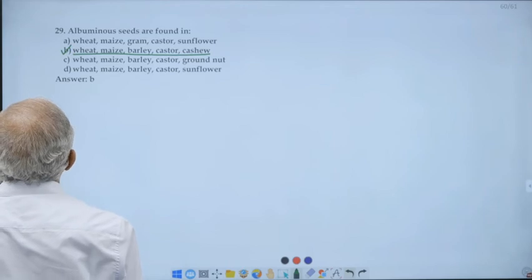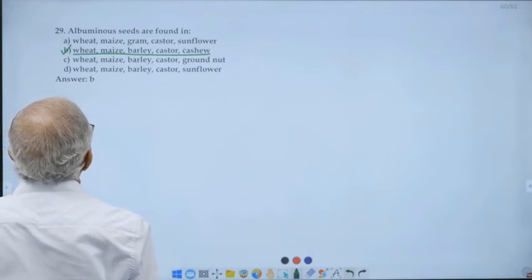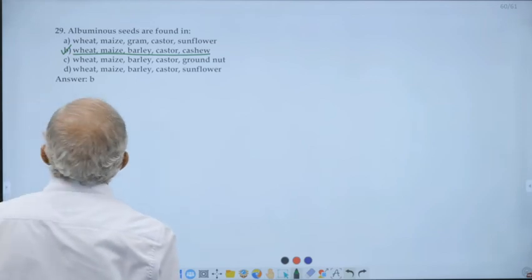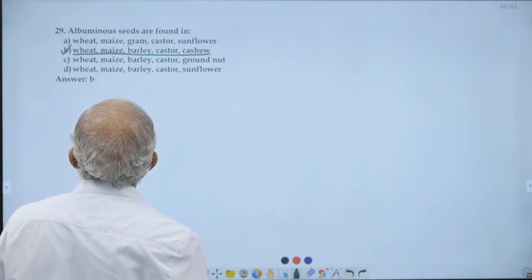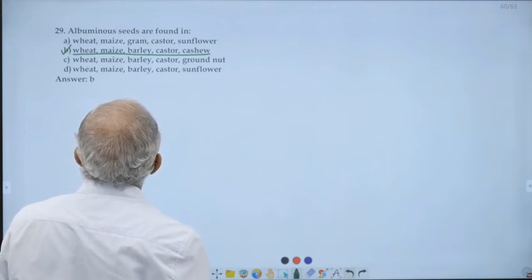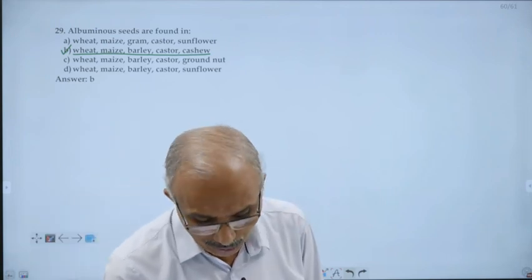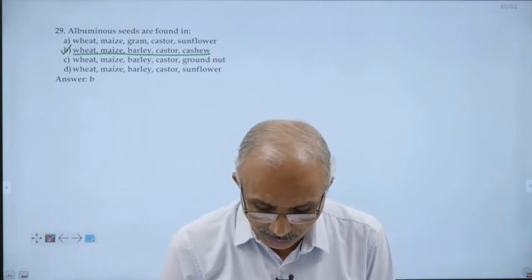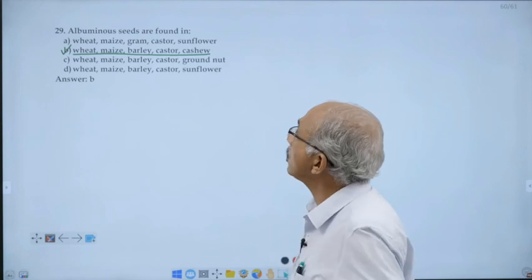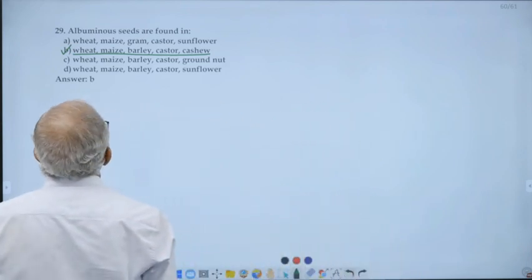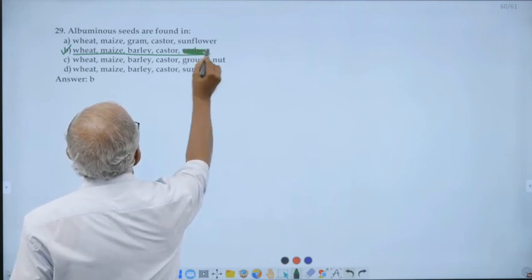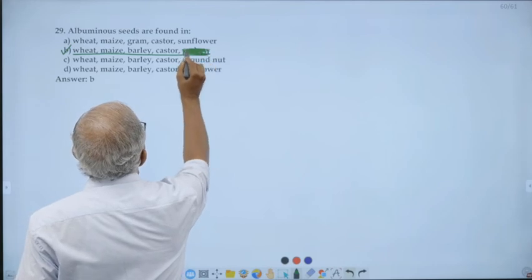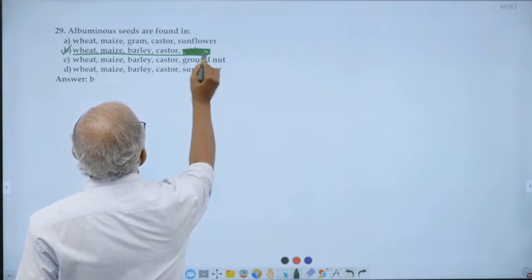So albuminous seeds are wheat, maize, barley, castor, cashew. We can make an option like this, cashew, you hide it.